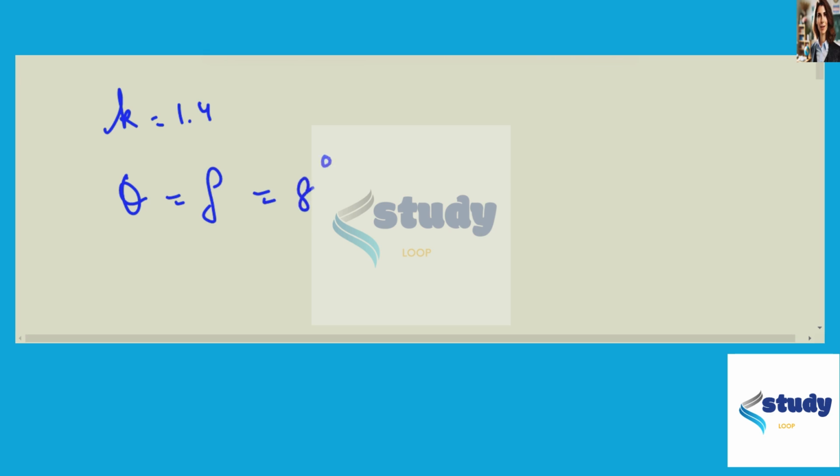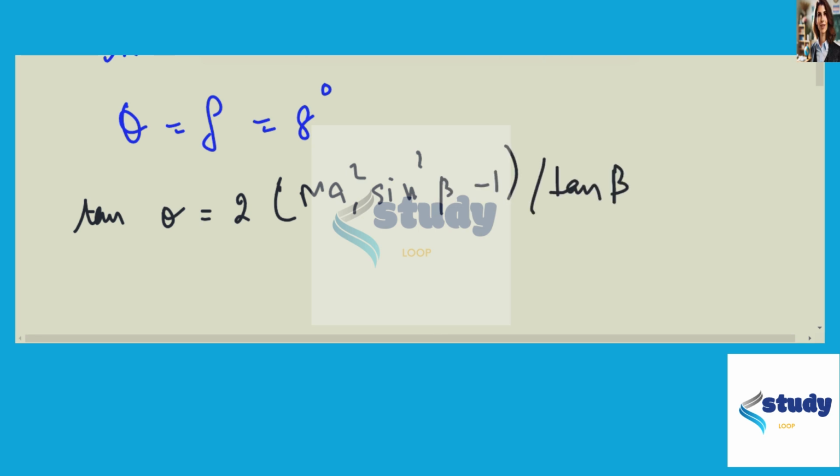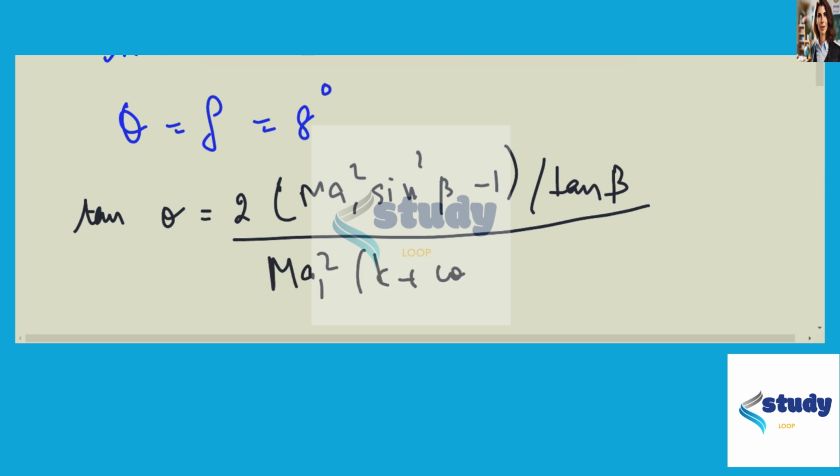So then the two values of the oblique shock angle beta are to be determined from the equation: tan theta equals 2 cot beta times (Ma1 squared sin squared beta minus 1) divided by (Ma1 squared (k plus cos 2 beta) plus 2).